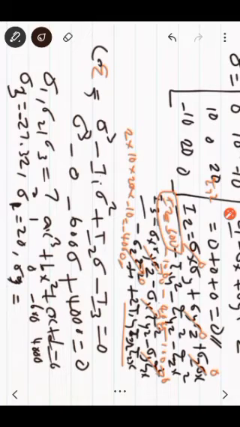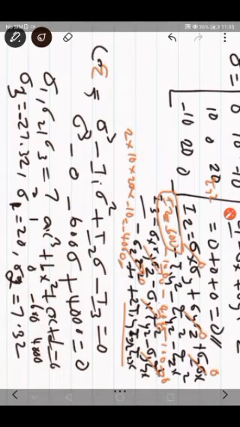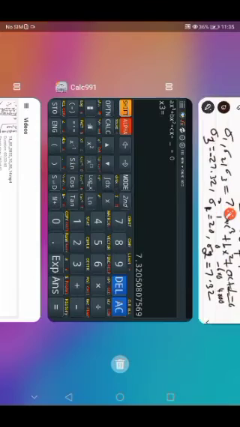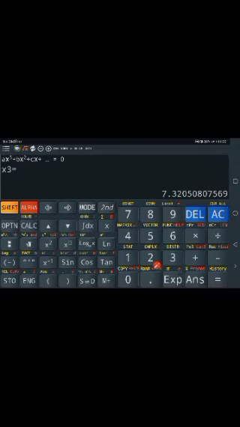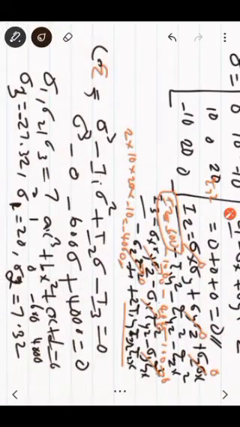Sigma 2 is equal to 7.32. I check the answer again. Yes, 7.32 is plus, 20 is plus, this is minus.